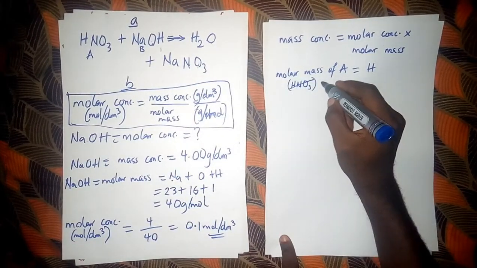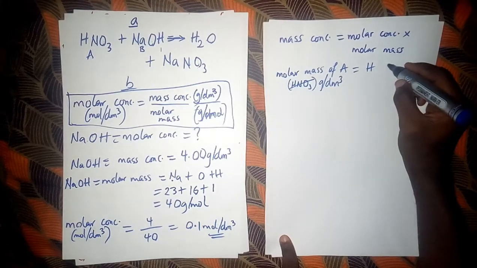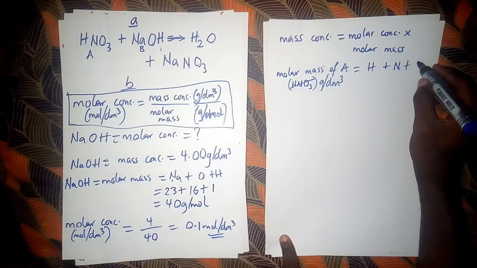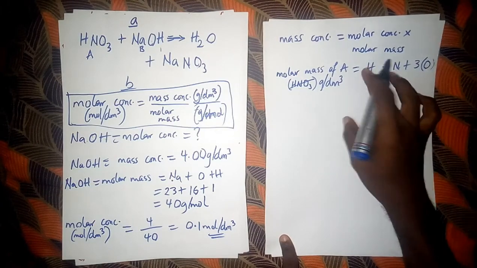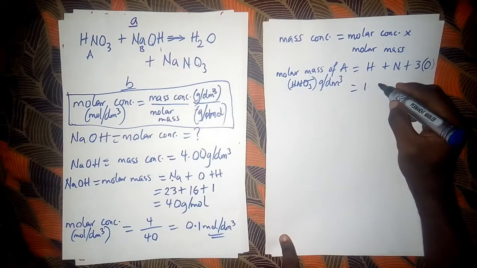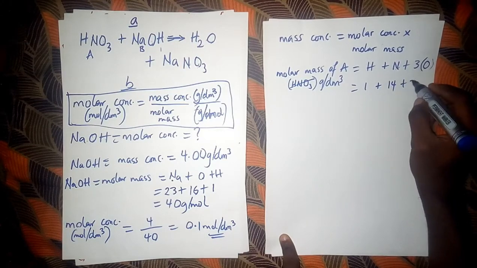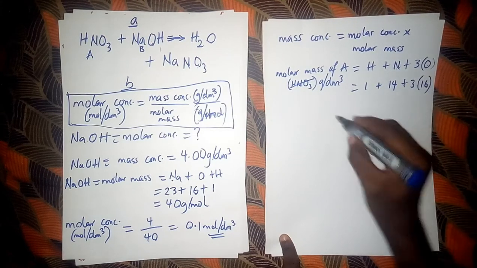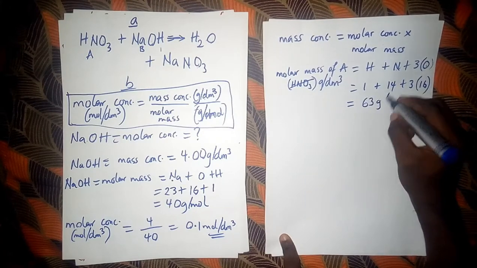The molar mass of H, N, and 3 times O: H is 1 plus N is 14 plus 3 times oxygen is 16. This will give us 63.